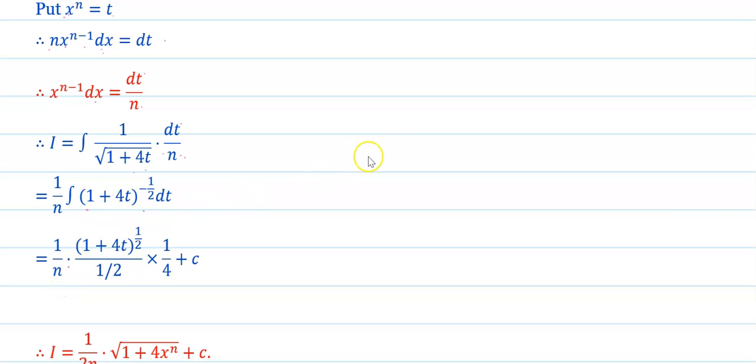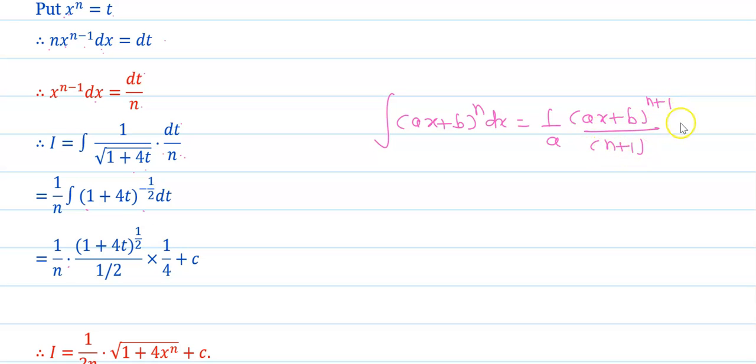What about the integral of this? Now the integral of it is of the form ax plus b bracket raised to n into dx. Its integral is 1 upon a into ax plus b bracket raised to n plus 1 upon n plus 1 plus c.